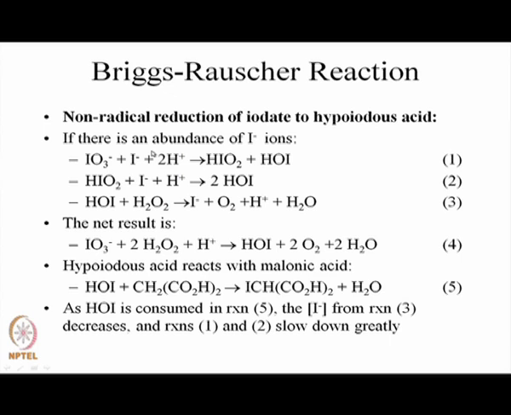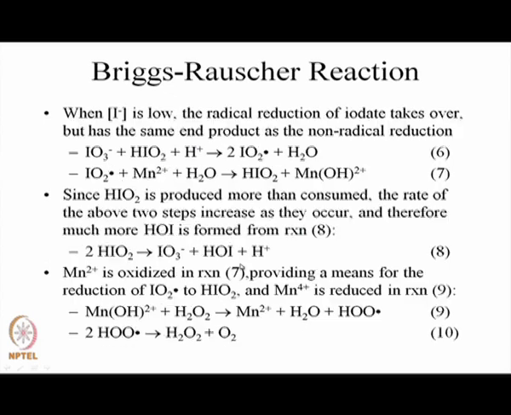Both reactions go through radical as well as non-radical pathways, and depending on the concentration of iodide for your BR reaction, when there is an abundance of I minus, the non-radical channel is opened up, and when the concentration of iodide is low, the radical step is prevalent.